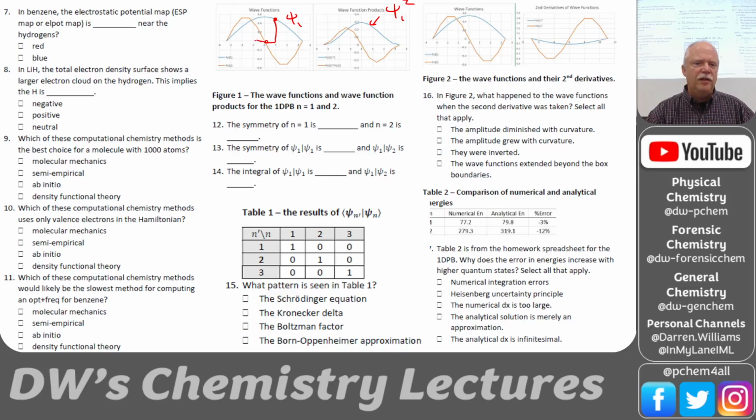We go to the left the same distance and evaluate it, and it's the same number. So that means it's even. The n equals 1 is even, and n equals 2, if we evaluated it going right, would be down here. If we went left and evaluated it, it would be up here. It's the same magnitude but opposite sign. So that would be odd, the definition of odd.